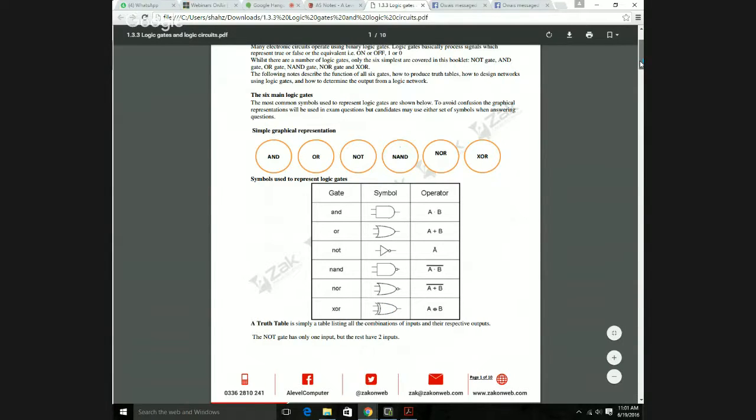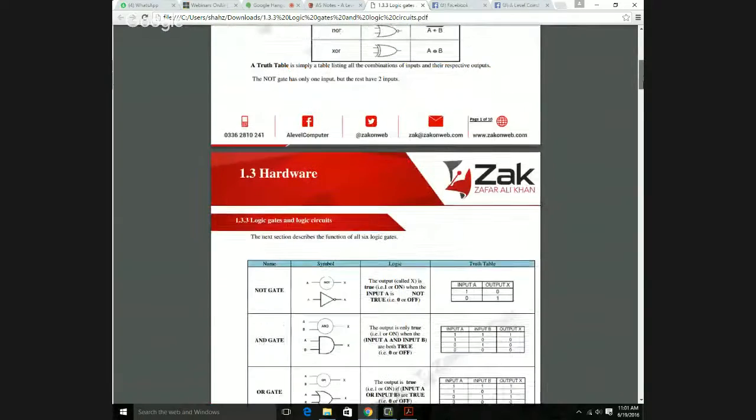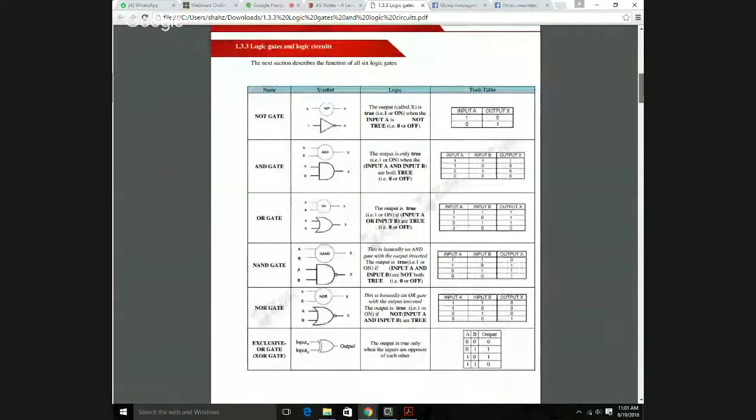Then we will have the truth tables of all those gates, hopefully if everybody remembers them. And if not, let's do it quickly. NOT is simply the inverter. Anything you give to NOT, it will invert. Because we are talking about computers, and computers only understand binary language, that is 0 and 1.